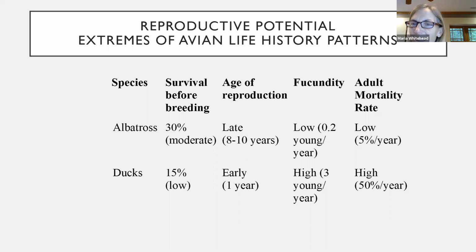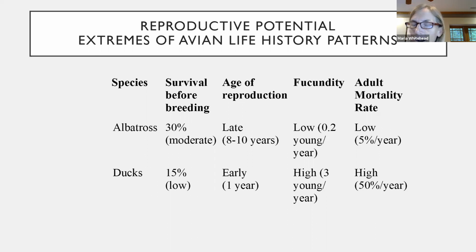So in thinking about reproductive potential, it's interesting to look at some of the extremes in the avian world. We look at several factors that I just mentioned: survival before breeding, age of reproduction, fecundity, and the adult mortality rate.